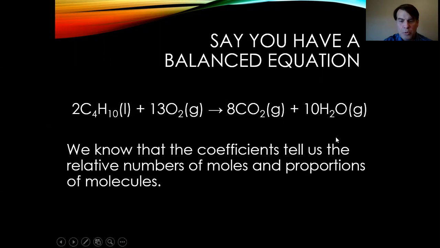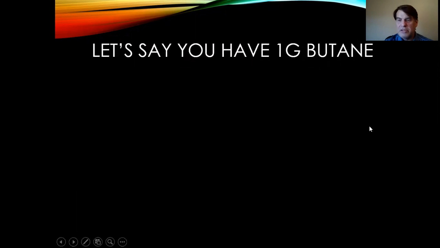So this works in terms of proportions of molecules. It also works in terms of proportions of moles. If I have 2 moles of butane and 13 moles of oxygen, I can get 8 moles of carbon dioxide and 10 moles of water vapor. So the balanced equation gives us the proportions between the various entities.